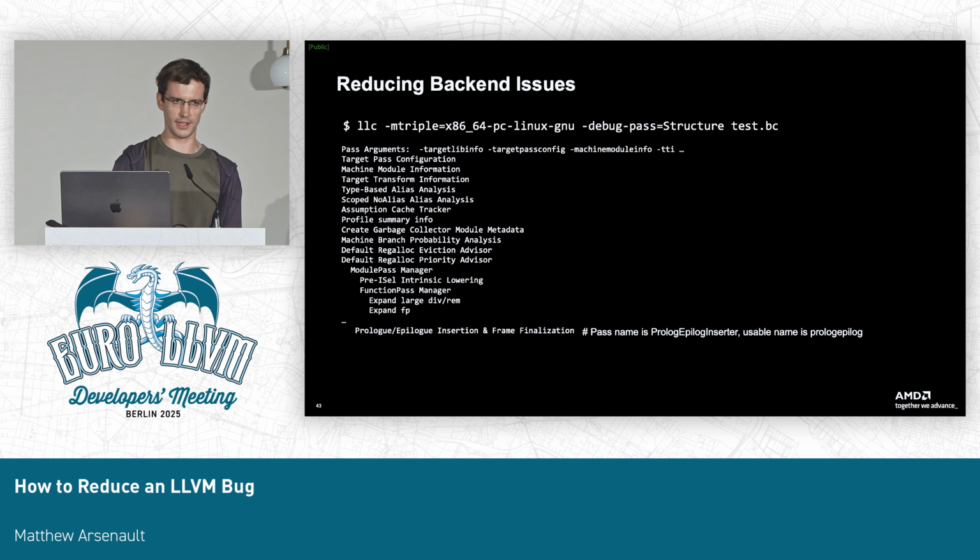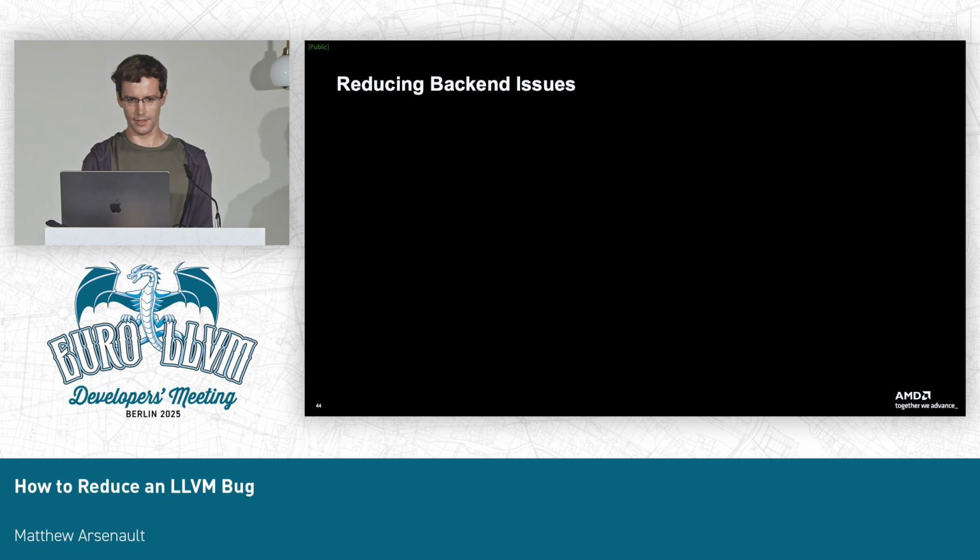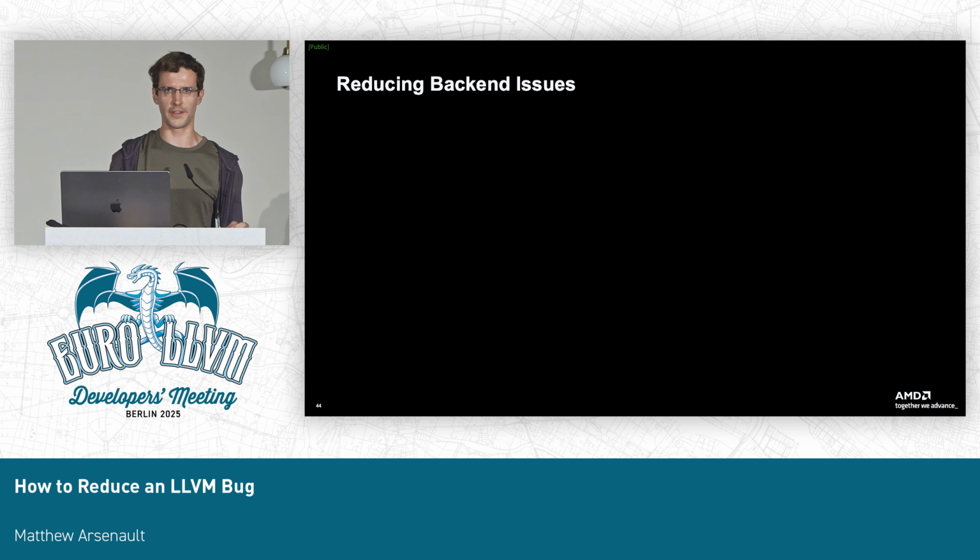The name printed in the debug log, the name of the class, the name of the file, and the name you can actually refer to in the pass list are all different, and they're not consistent on it being kebab case or whether it has a UE at the end. So hopefully, with the move to new pass manager, we might have an opportunity to clean this up and have some consistently usable names. So there isn't really a better way to figure out how to name the pass than go look at the code for what it defines its debug type as.